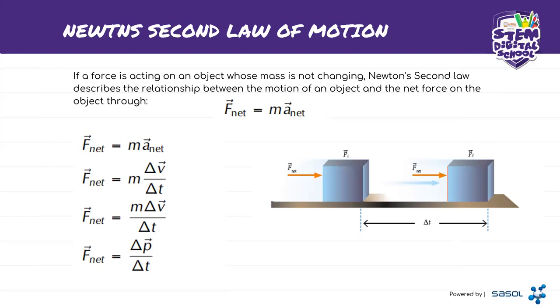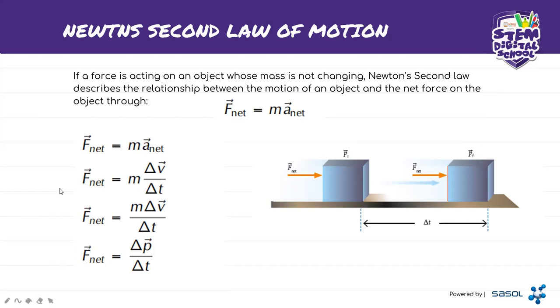It says the net force is equal to mass times acceleration. Now if we plug it into this equation, basically here you are proving that force net is equal to the rate of change of momentum. Basically, that's what you're proving, okay?